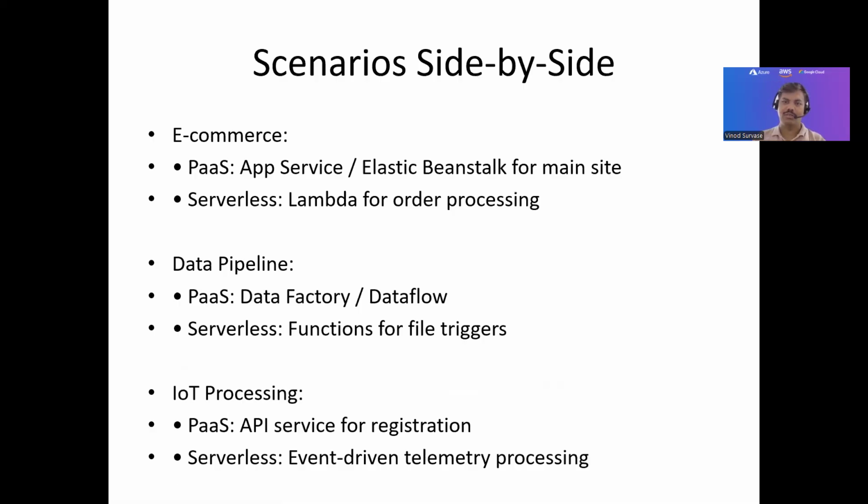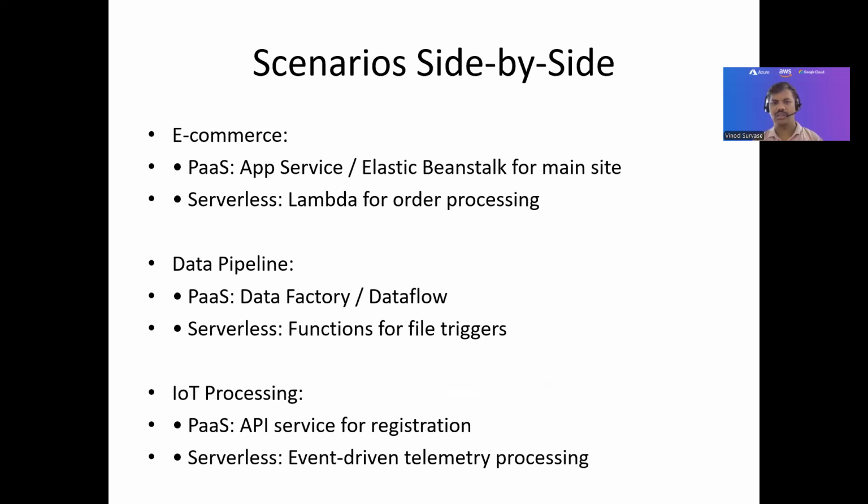You can see the scenarios side by side, including e-commerce, data pipeline, and IoT processing. I put an example here: for PaaS, App Service or Elastic Beanstalk for the main site, and serverless, Lambda, for order processing.